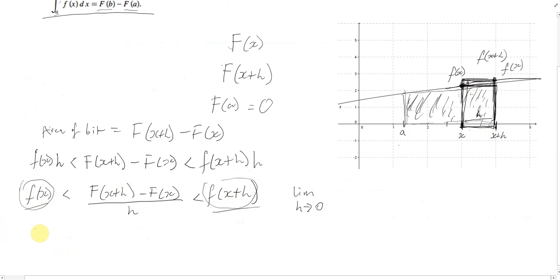So in other words, we can find an expression for our area by writing this center bit: the limit as h approaches 0 of f of x plus h minus f of x over h must be equal to these two sides. Remember, here h has been 0, so it's f of x as well. And because it's sandwiched between, it just becomes this same term.